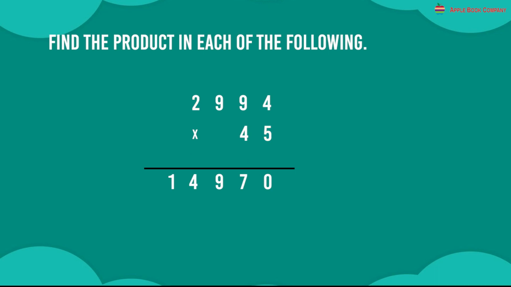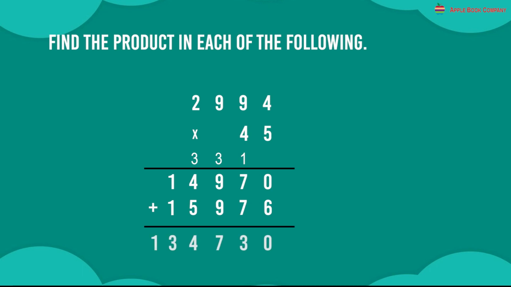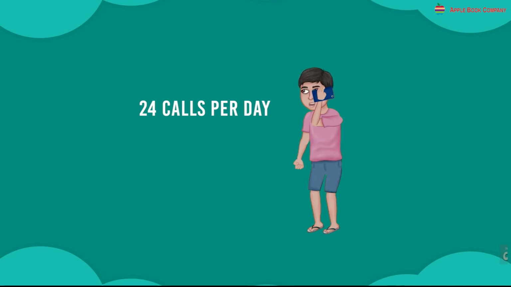Now let's multiply by 4s. 4 fours is 16. 4 nines 36 plus 1 is 37. 4 nines 36 plus 3 is 39. 4 twos is 12 plus 3 is 15. Add the two numbers to get the final product. The number you get is 134,730.